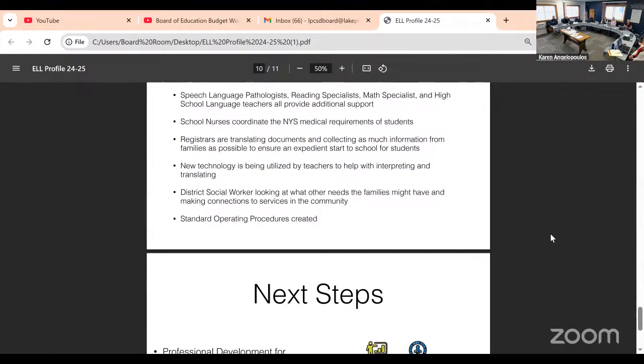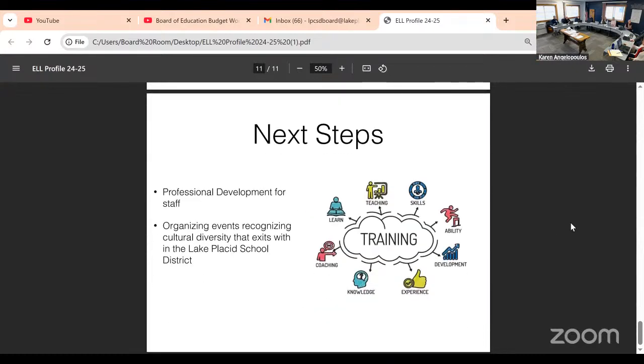This year, we created more of a standard operating procedure to make sure we're hitting all the areas we need to as family centered. So this still is a growing program for us. Some of the next steps we need to look forward to over the next year are more professional development for all of the staff.